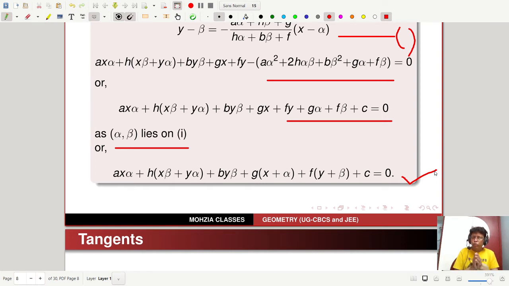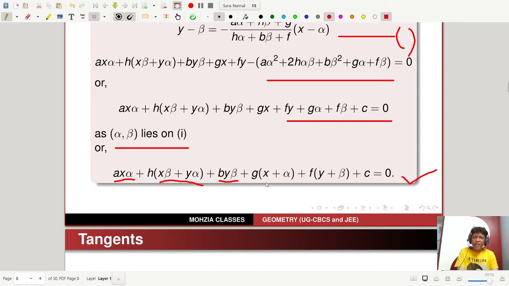Now I will tell you the shortcut method to identify the tangent at alpha beta. Look at that: your square term x squared becomes x alpha, with a as the coefficient. Your product term xy becomes x beta plus y alpha, and 2h is halved. Twice terms will be halved, and again your square term y squared becomes y beta.